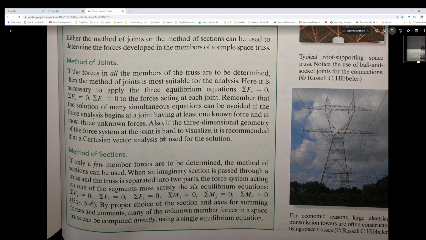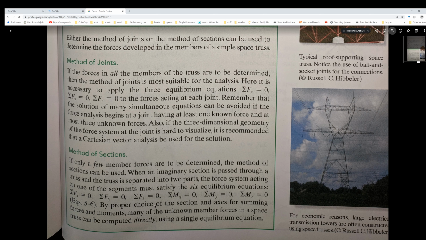And the second part, you can actually do a method of sections. Same idea, you can cut through certain members, if those are the forces that you care about. Now when you do this, you have the possibility of six equilibrium equations.